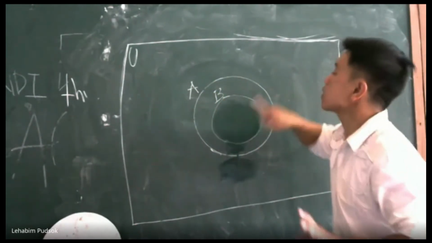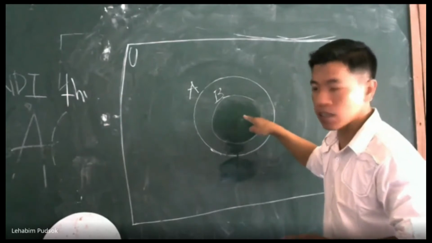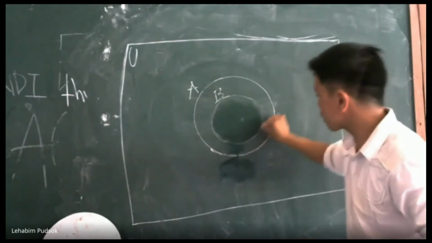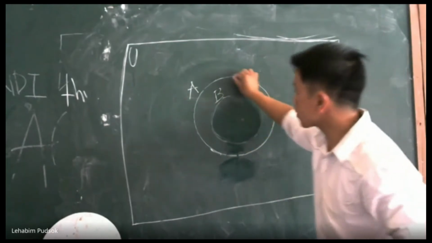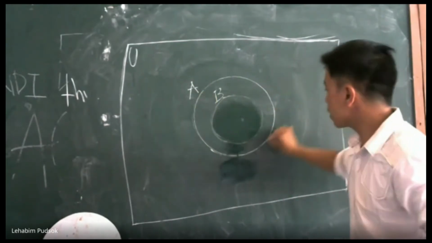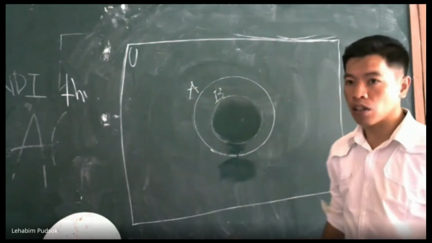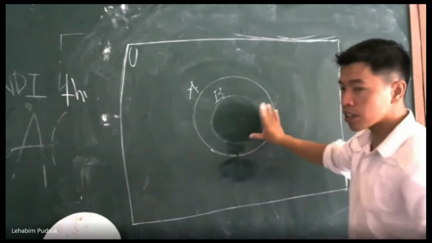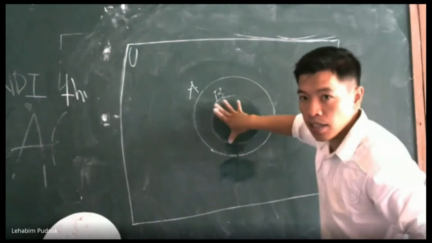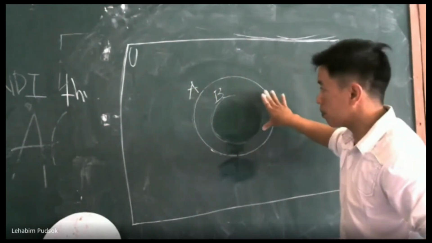Because set B is inside set A. All the elements of set B are also elements of set A, because the smaller circle, which is set B, is inside the bigger circle.